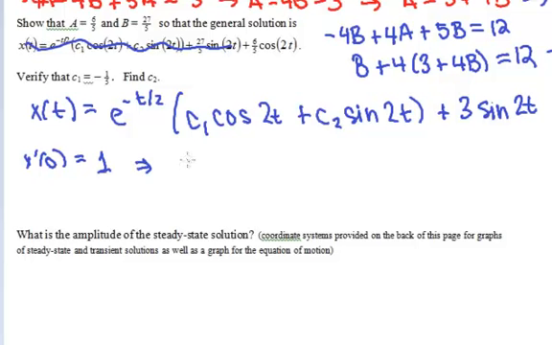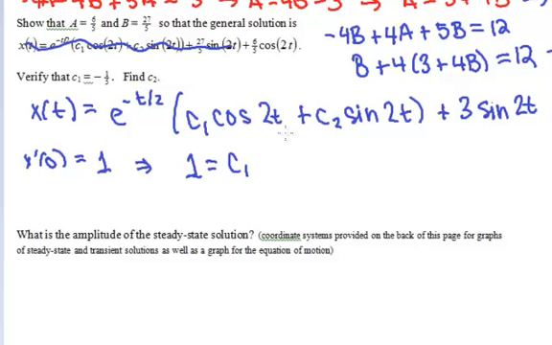So that says 1 equals, so we would get e to the 0, which is 1, times c1 times cosine of 0, which is 1, plus c2 times sine of 0, which is 0, plus 3 times 0, which is 0. So we get c1 equals 1.